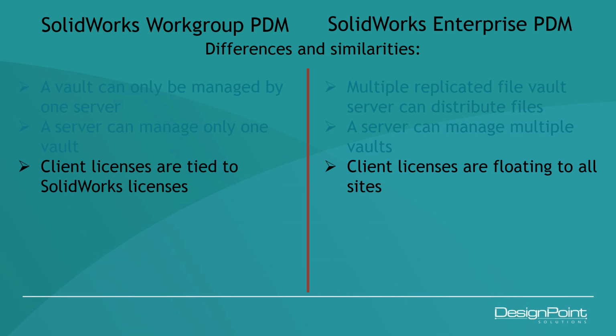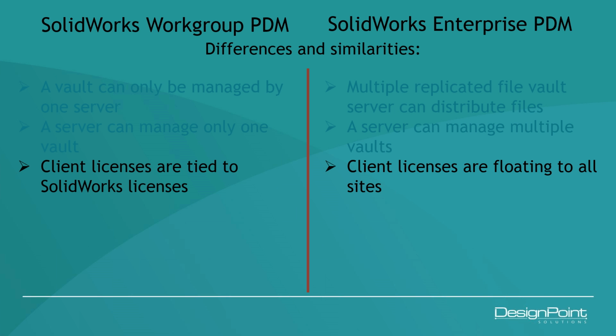Workgroup PDM has client licenses tied to a SolidWorks license. With EPDM, every license is floating, so the next available user that logs into EPDM takes a license. There are some specific license types. For example, an editor can work from SolidWorks and check files in and out directly from SolidWorks.